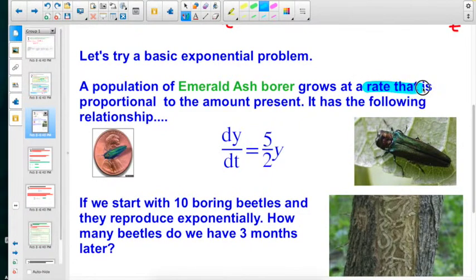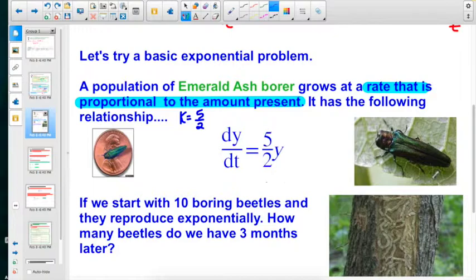So this phrasing right here is very important. Okay, so it's growing at a rate proportional to the amount present, and that growth rate is 5/2. In other words, the k value here is 5/2.